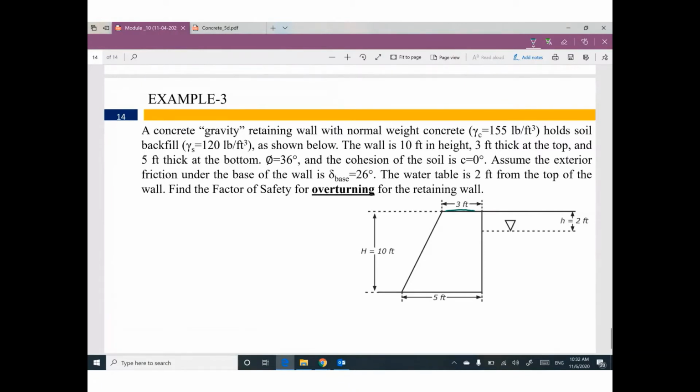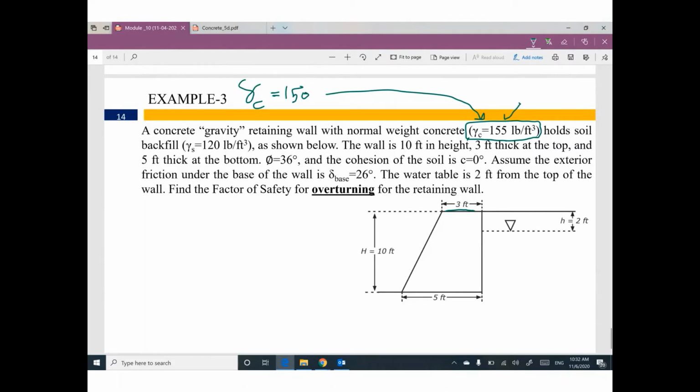The total height is 10 feet. Made from concrete with gamma equal 155, please. The normal gamma for concrete is 150. Until the problem gives you another value, please use the value given by the problem.